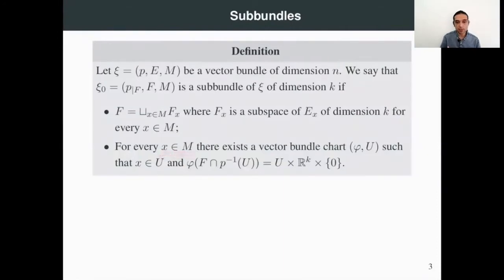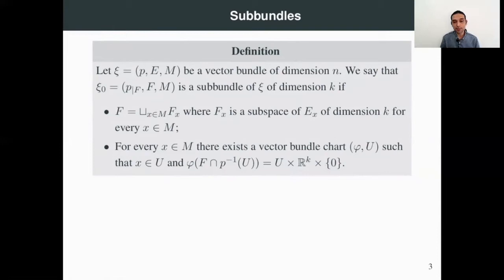And so what we need is that for every x in M, there exists a bundle chart such that the image of the points that belong to the preimage by P of U and are at that R in F, the image of such a set is U times R^k times 0.